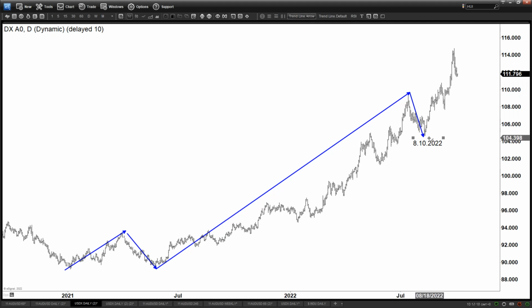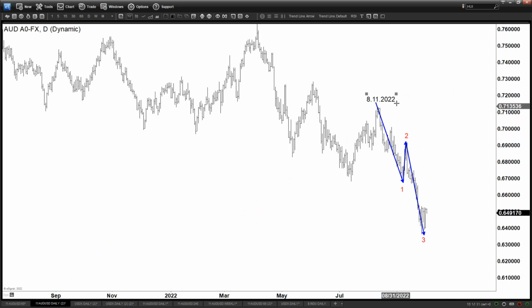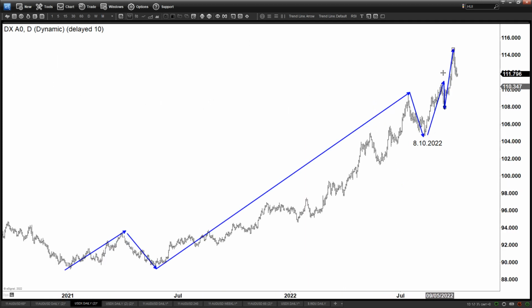Now in the dollar index, you can certainly say that you most likely will not end an impulsive structure in 3 waves. If you start from here, and this is the important pivot, just like the Aussie dollar here is suggesting, then from here we only have 3 swings higher, and you don't end an impulsive structure in 3 waves.